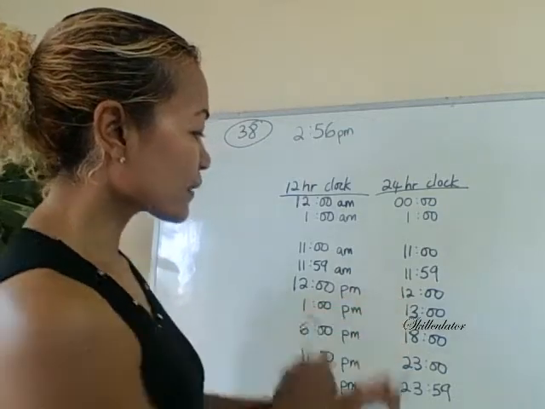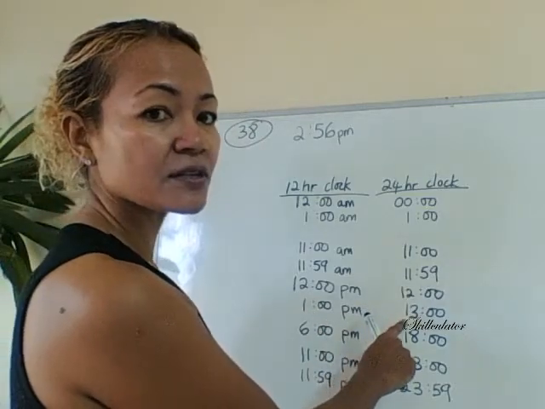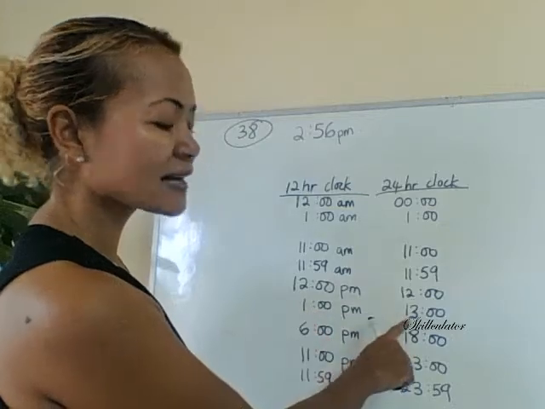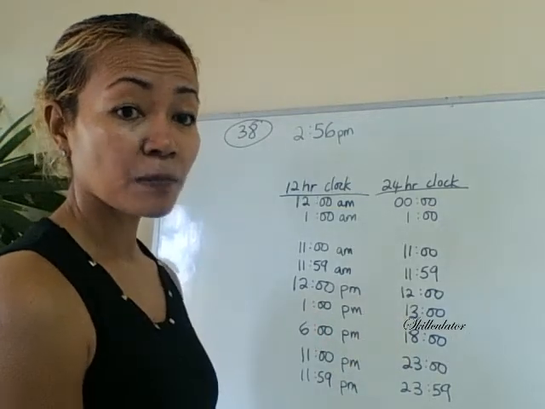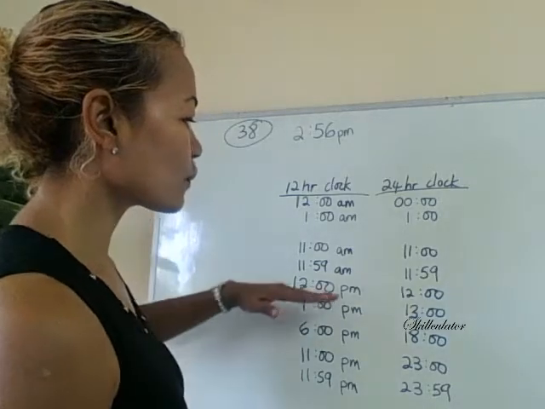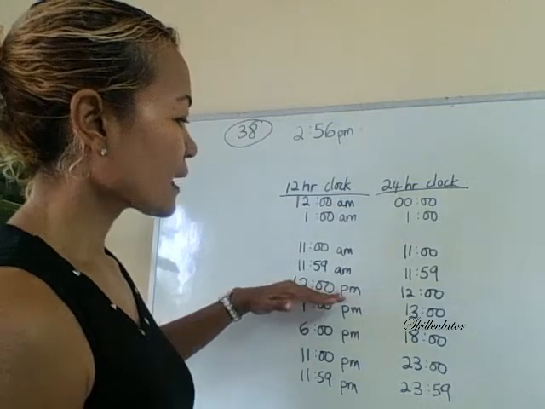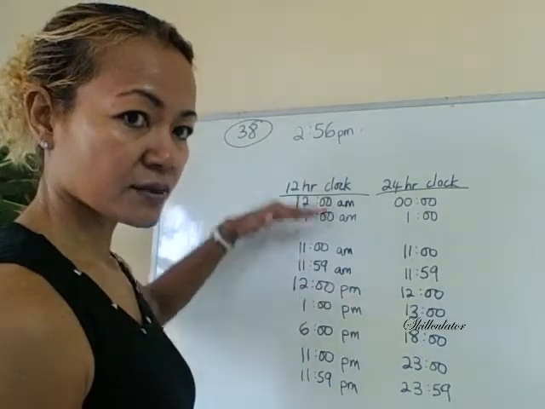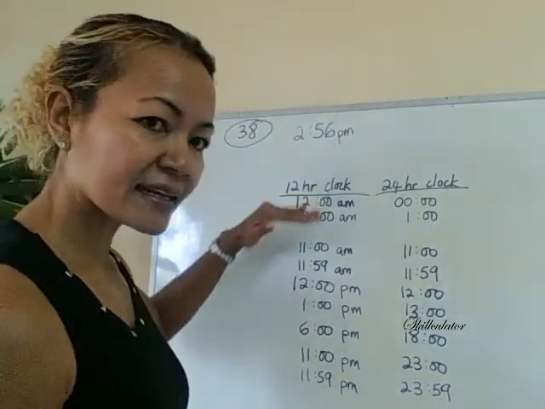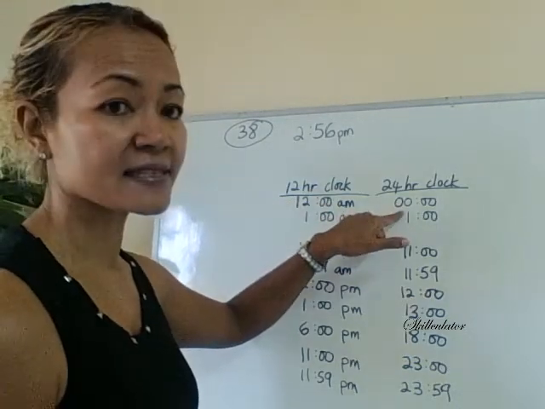So whereas it's 1 p.m. on the 12-hour clock, it's 1300 hours on the 24-hour clock. Do you notice the relationship between the 1 and the 13? It's plus 12. So the easiest way to convert it is, for any number under 12 in terms of AM, it is the exact same number, unless you're talking of 12 AM itself, in which case it's 0.